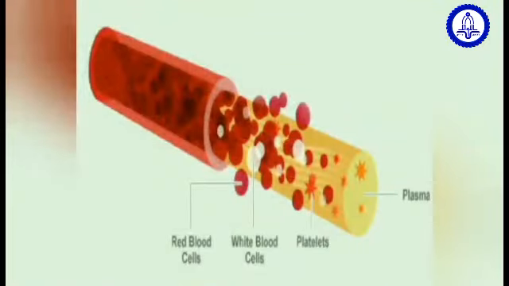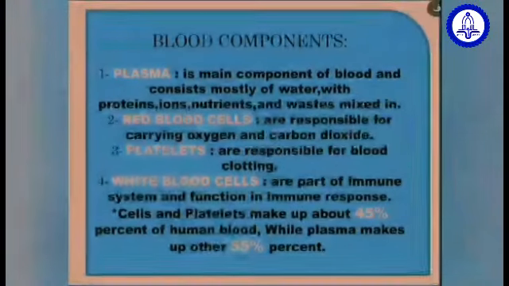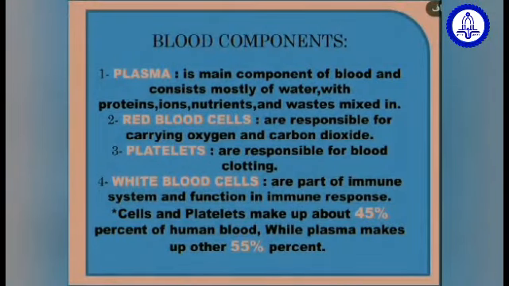This picture talks about the components of blood: red blood cells, white blood cells, platelets, plasma. Blood components. Plasma is the main component of blood and consists mostly of water with proteins, ions, nutrients, and waste mixed in. Red blood cells are responsible for carrying oxygen and carbon dioxide.